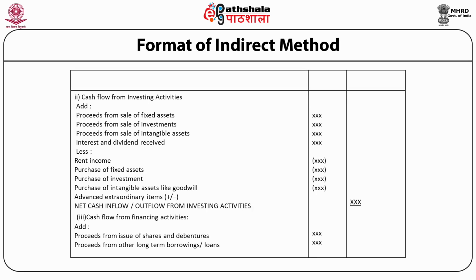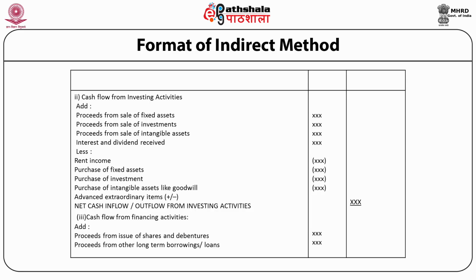Now cash flow from investing activities. This is second part of cash flow statement. We'll add proceeds from sale of fixed assets, and proceeds from sale of investments and proceeds from sale of intangible assets, interest, and dividend received.